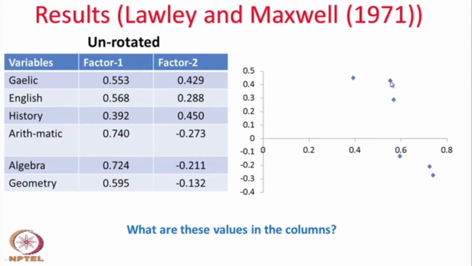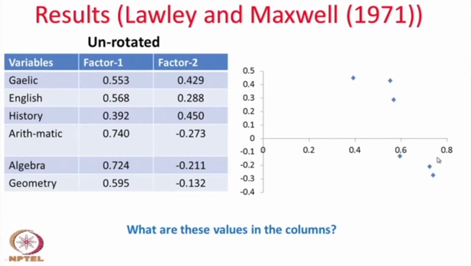This is the first one. Second, English: 0.568 and 0.288, this value. Then the third one is history: 0.329 and 0.450, this value. And then arithmetic, algebra, geometry come on this side.